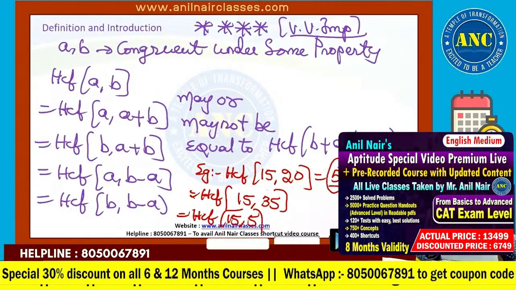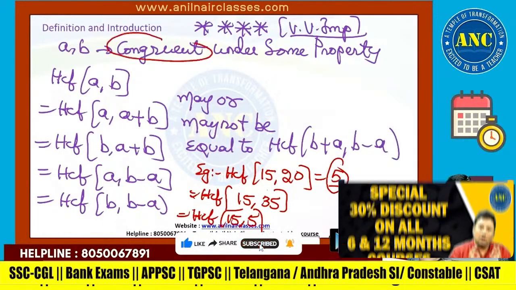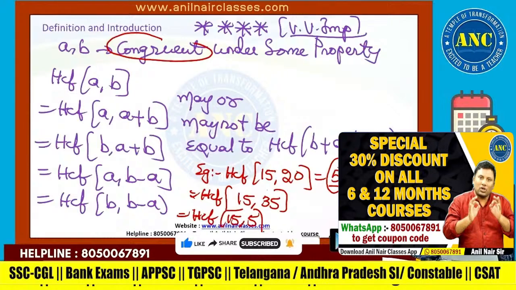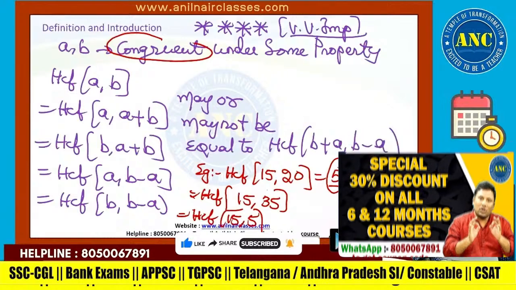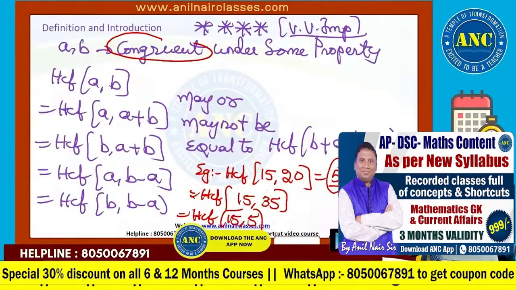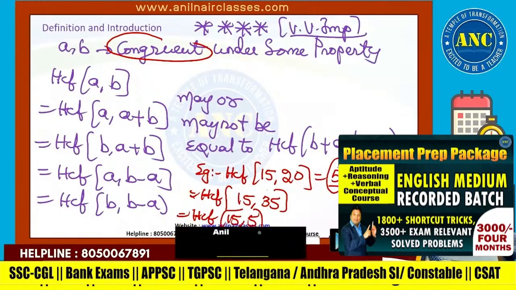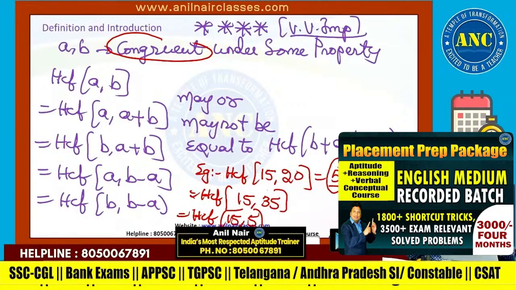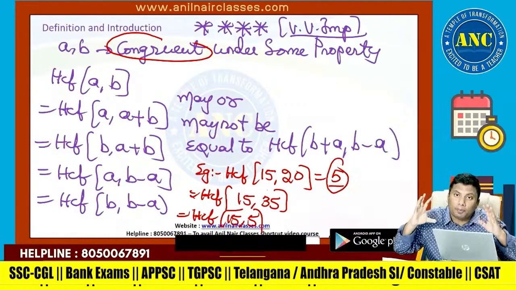In this case, Naveen, congruency could be anything where two numbers satisfy some property. In the previous example, two numbers are co-prime numbers.